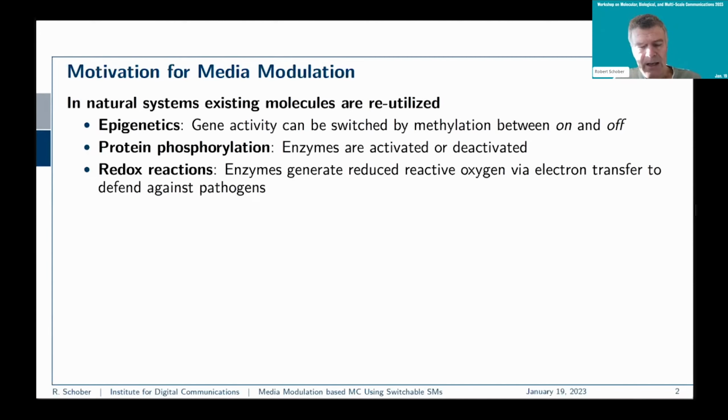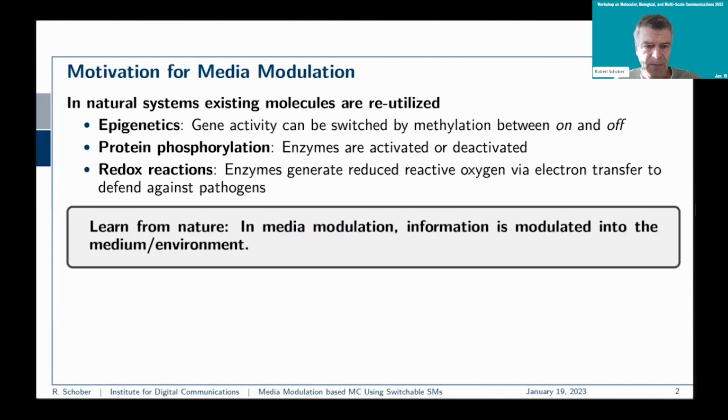And in redox reactions, enzymes generate reduced reactive oxygen via an electron transfer, and this can be used, for example, to defend against pathogens. But again, basically the properties of the molecule are changed. And in this way, information is modulated and conveyed.